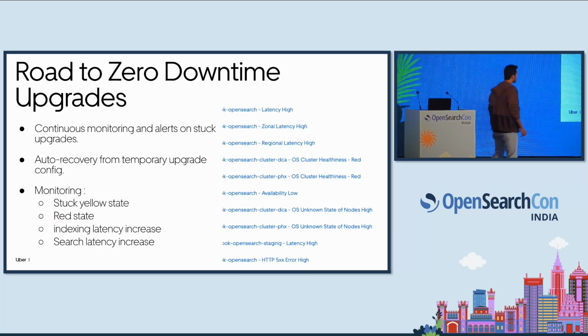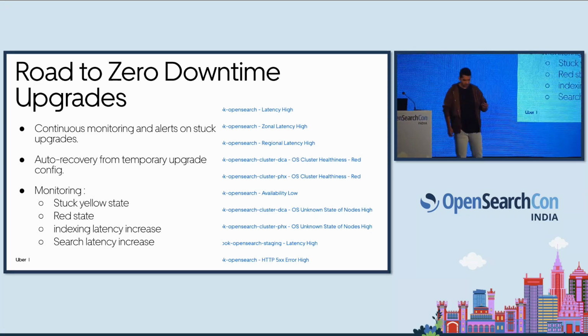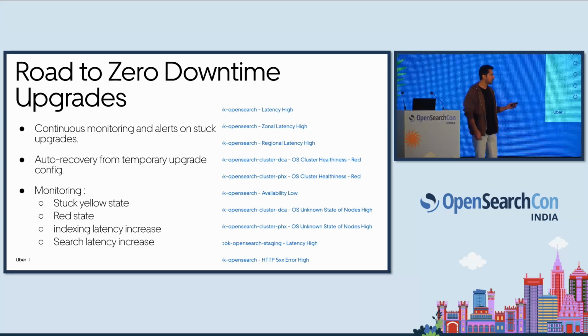So first things first, how do you as an on-call actually continue to monitor whether there is an issue with a particular cluster upgrades or not, right? How do you build the monitoring and an automated recovery process? Now, at least for us at Uber, for every production cluster that gets created, we define about 50 to 60 alerts.